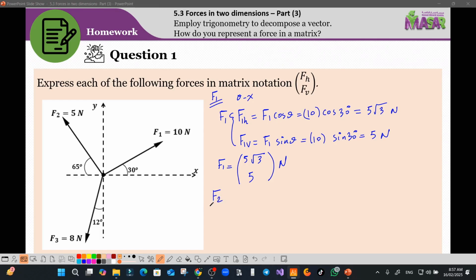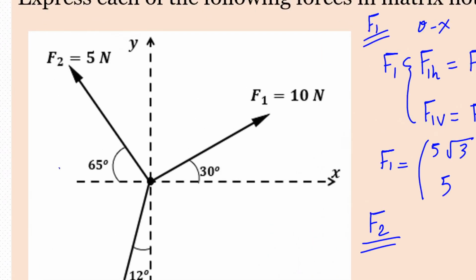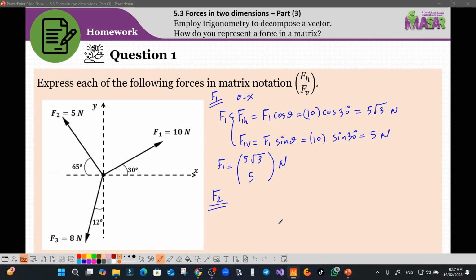Now let's jump into F2. As we can see here for F2, the measured angle is again with respect to the x-axis, which means we're going to apply the cosine for the x component. So theta here is with respect to the x-axis.